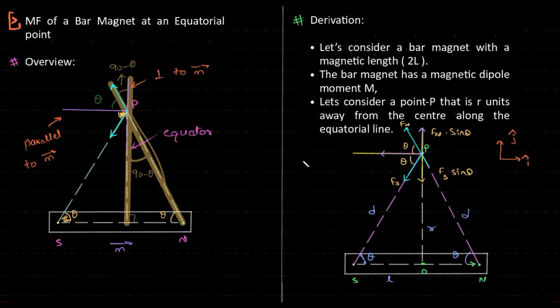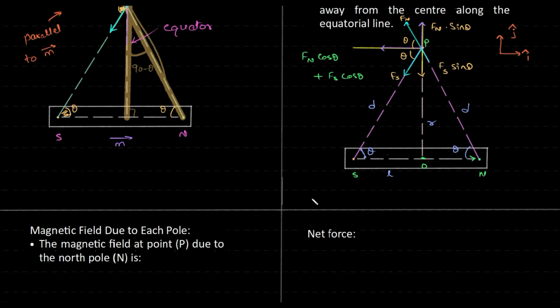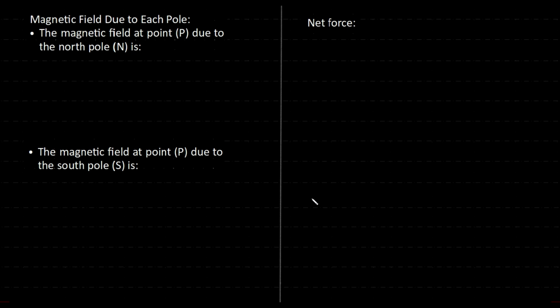And along your positive axis, we have Fn cos theta and Fs cos theta. And so on and so forth. Right? So this is basically it. If you're able to figure out this diagram, you're pretty much done. Try doing that on your own, and the rest of it is a bit of math and you're done.